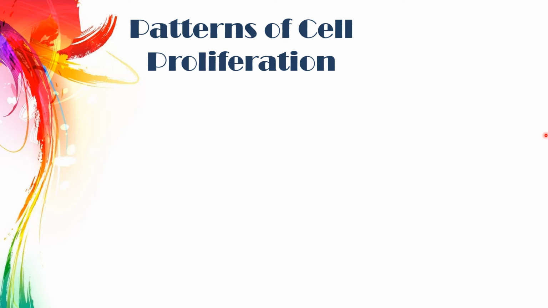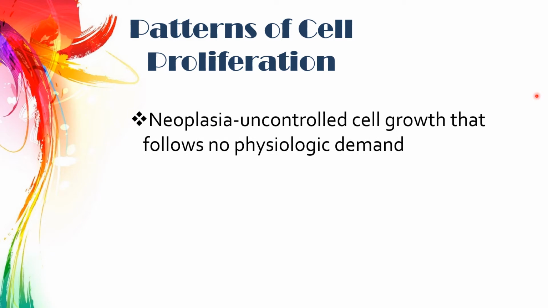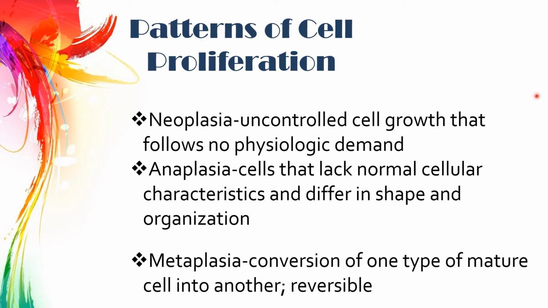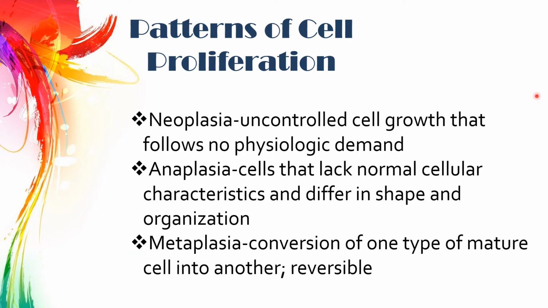There are several patterns of cell growth: neoplasia, anaplasia, metaplasia, hyperplasia, and dysplasia. Neoplasia refers to uncontrolled cell growth that follows no physiologic demand, while anaplasia refers to cells that lack normal cellular characteristics and differ in shape and organization.